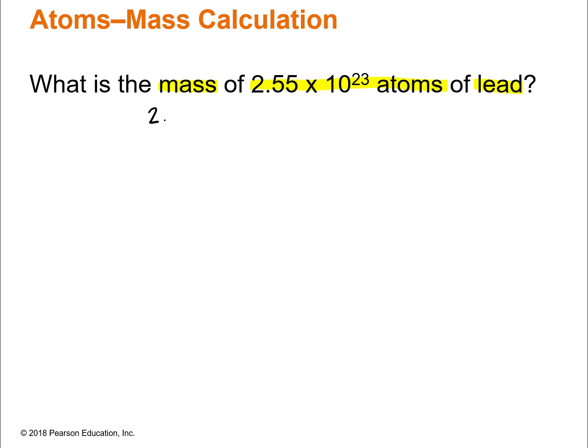Well, what we're given is 2.55 times 10 to the 23rd lead atoms. That's what has a number associated with it. What we don't know is the mass, which, remember, when the question is asking for a mass, we're talking about grams.